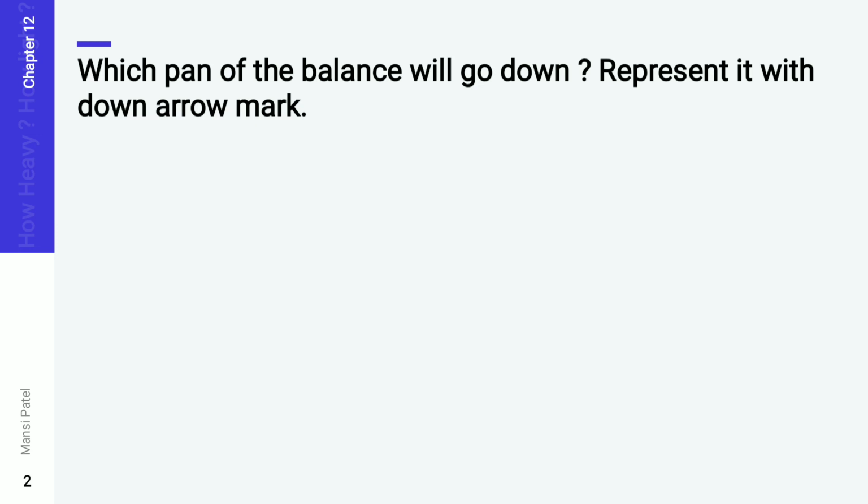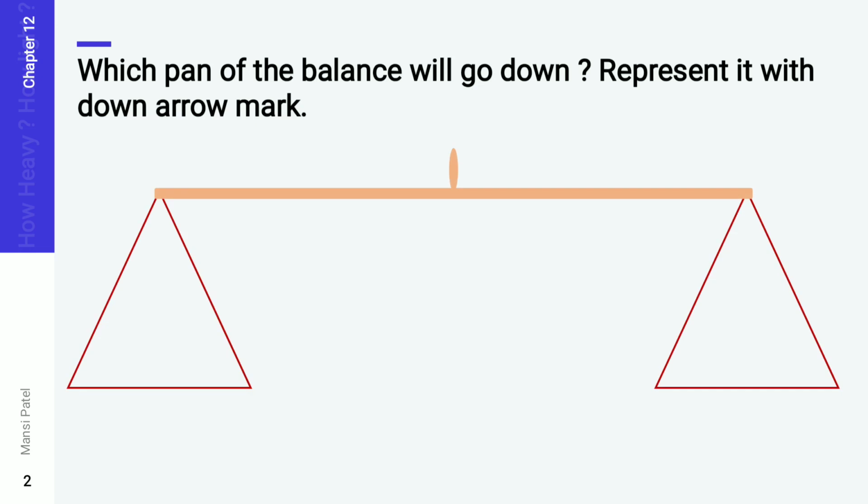So the next one is: which part of the balance will go down, and represent it with a down arrow mark. See here, I am giving you a balancing pan. Now you have to tell me which part of the balance will go down.